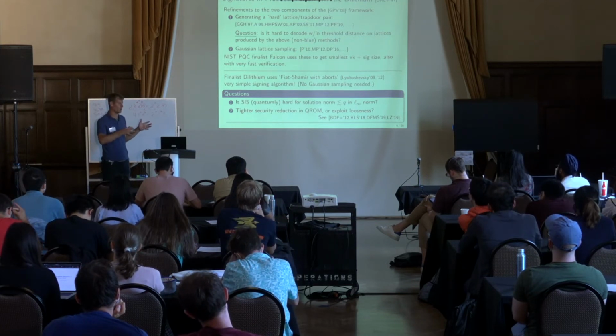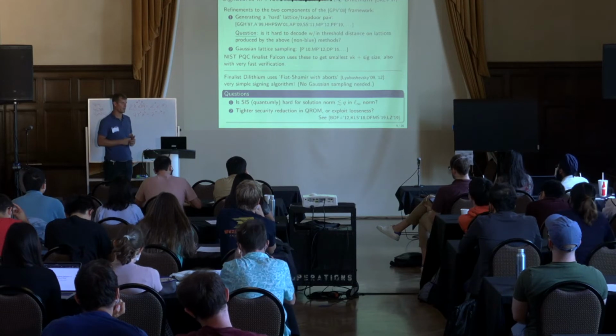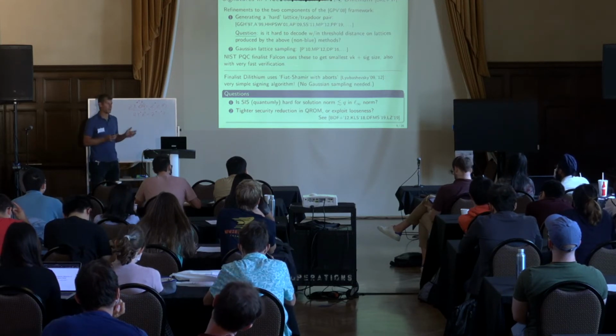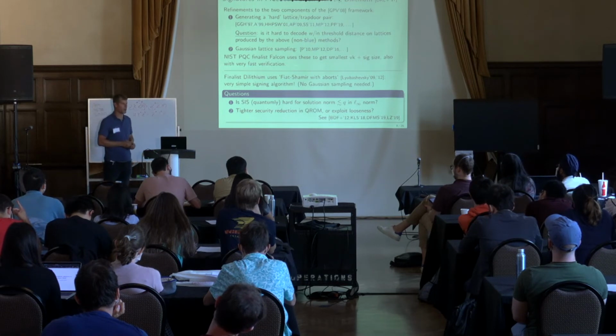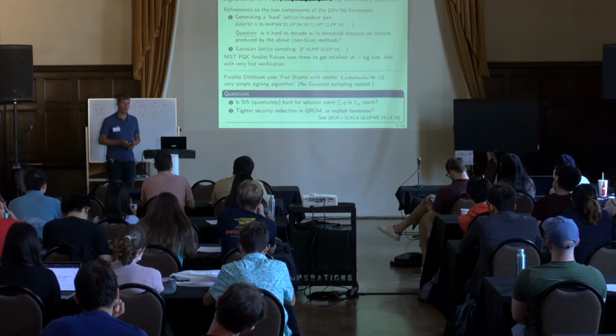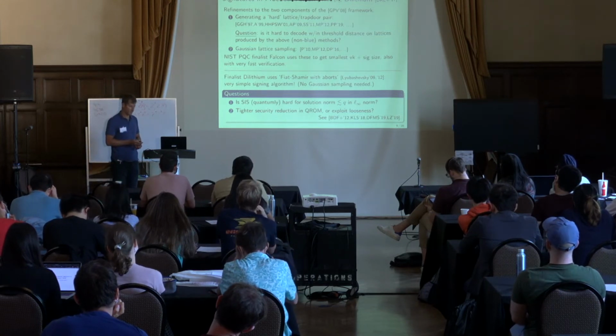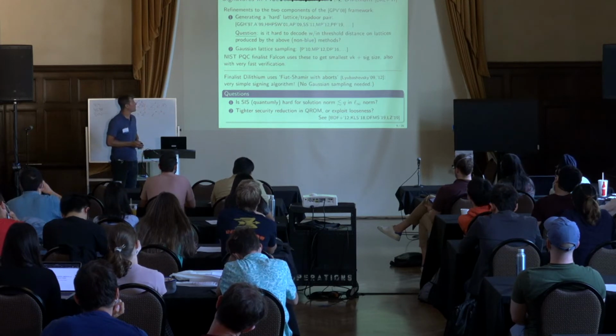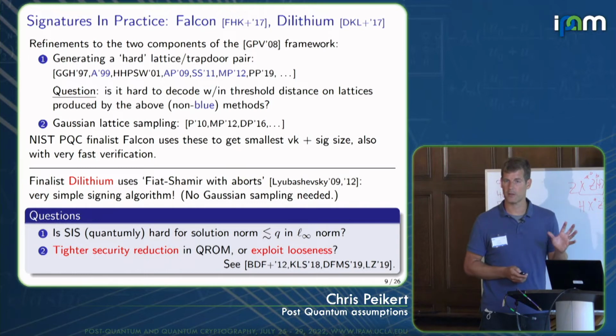In the real world parameters, we don't have a tight security reduction in the QROM, which is a bit of an interesting situation. OK, so some nice research questions have arisen from the more practical efforts that have been done here. OK, so I think that's all I have to say primarily about SIS and signatures.